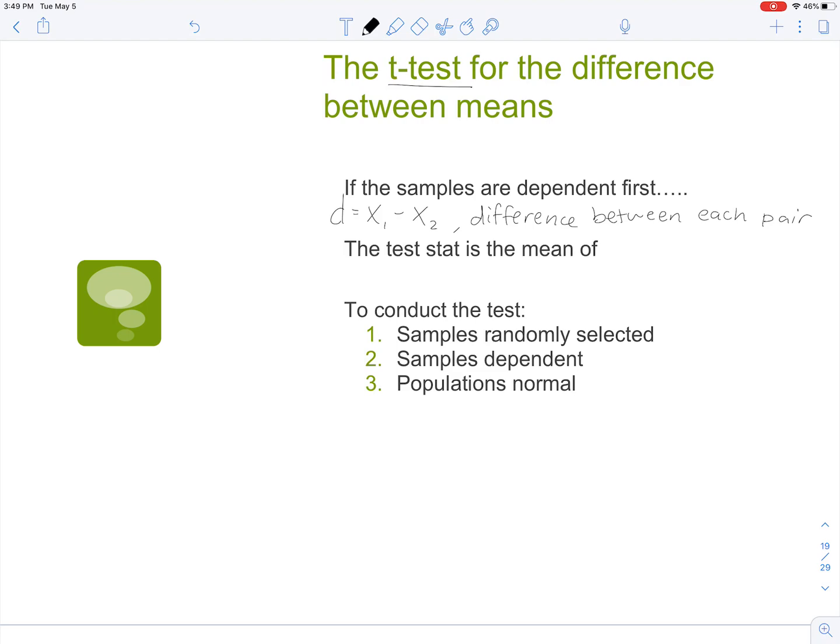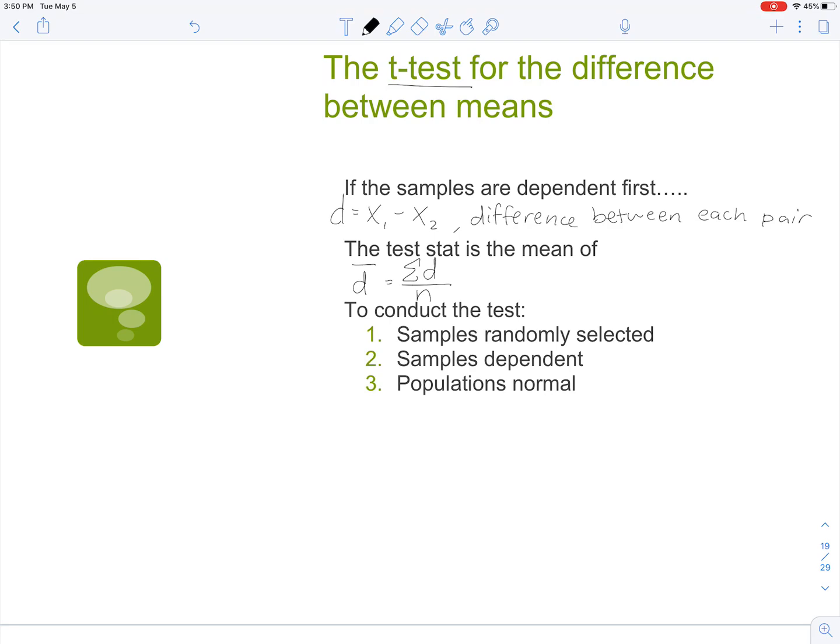Now the test stat for the mean before was the difference between the two means. The test statistic for the mean is going to be d bar, which is the sum of all of those d's divided by n. So the sum of the difference between each pair divided by the number of total pairs.